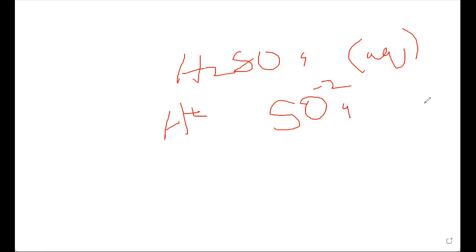If you are reacting HCl with something and it is giving you H plus ion, we don't have to discuss that this is an acid because it is giving H plus ion during the reaction. No. If it is giving you H plus ion when you're dissolving it in water, this is an acid. Every acid will give you H plus ion when you are dissolving it into the water, either the stronger acid or the weaker acid.